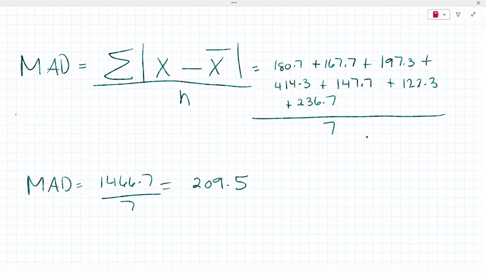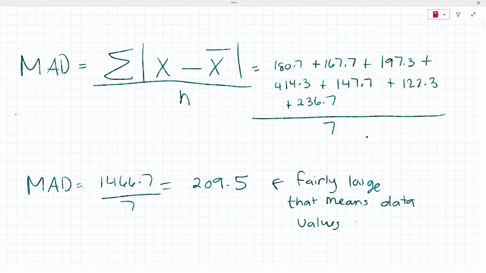209.5. 209.5 is a fairly large number, right? What that means is the data values are very spread out. So this is your MAD. 209.5 is fairly large, which means the data values are very spread out.